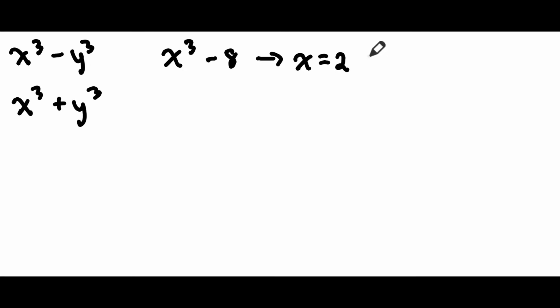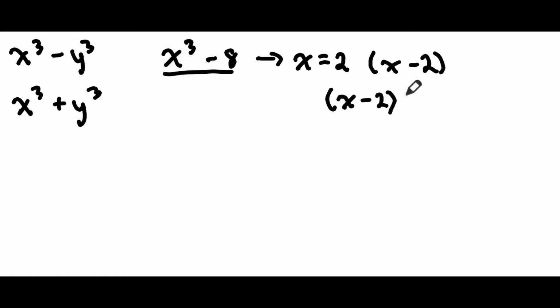So I can factor out x minus 2. I'm not going to do this next part for you, but if you use long division and complete all the work, you're able to factor this expression as x minus 2 times x squared plus 2x plus 4.